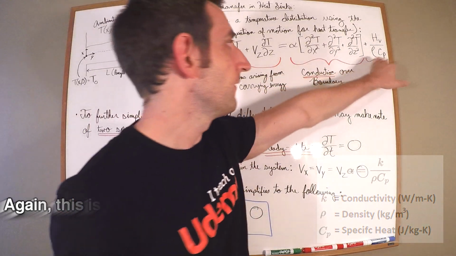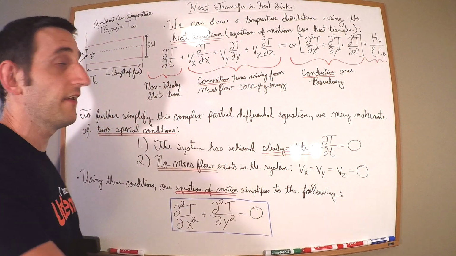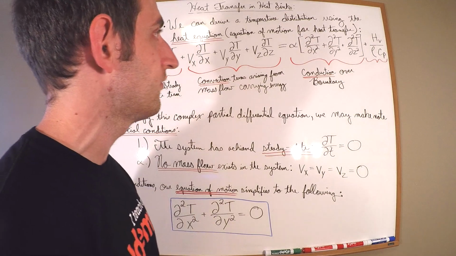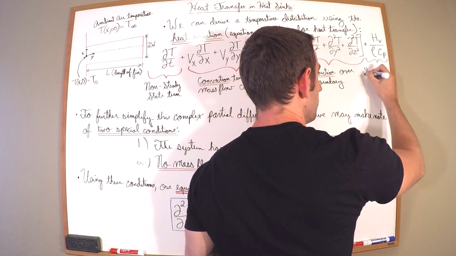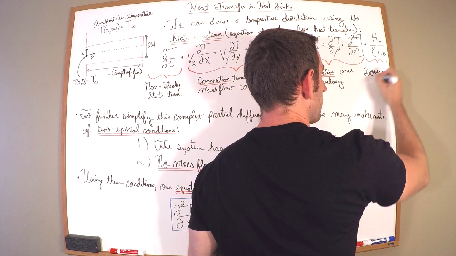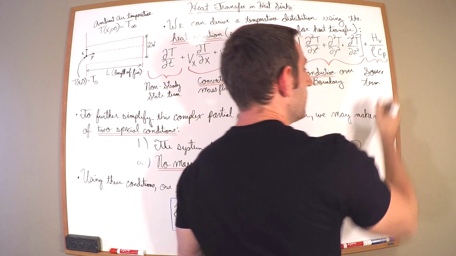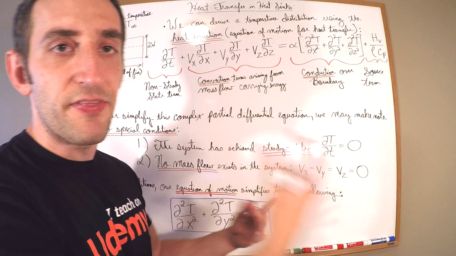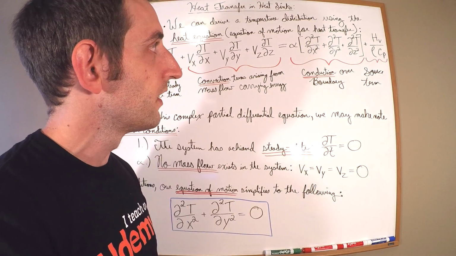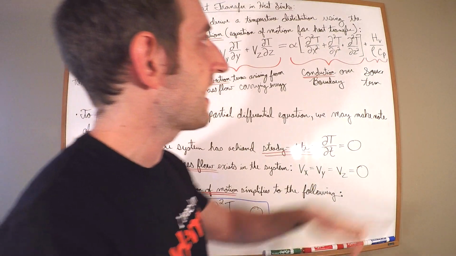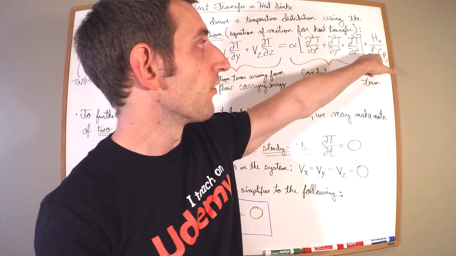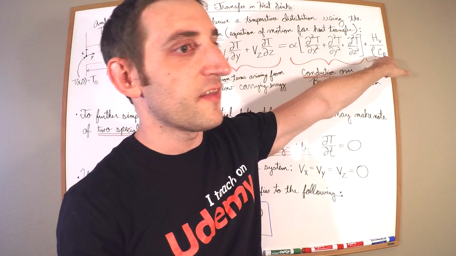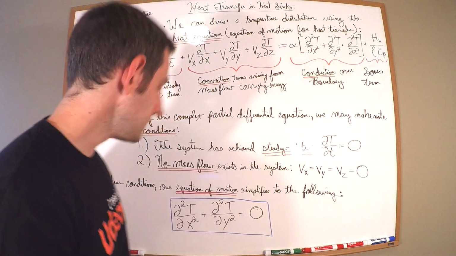The final term here, which I have not written down here, and I will do that right now, real time with you guys, is known as a source term. I'm going to write that down here, source term. And it may be labeled different things in different textbooks. What I've used here is H_V, which is a source term over the volume, over rho, the density, and the specific heat, C_P. Okay?